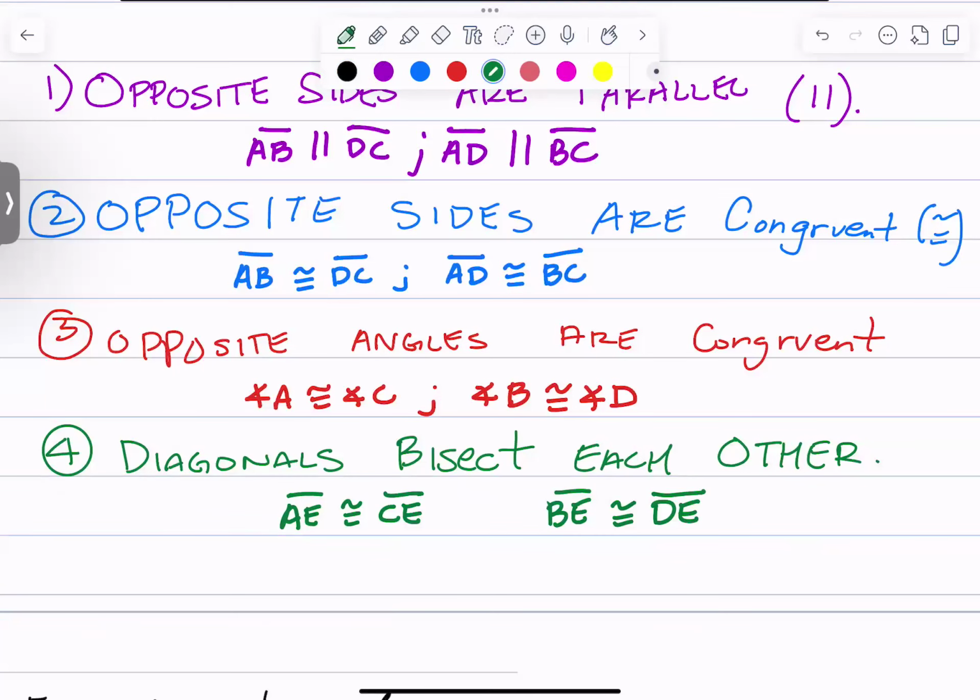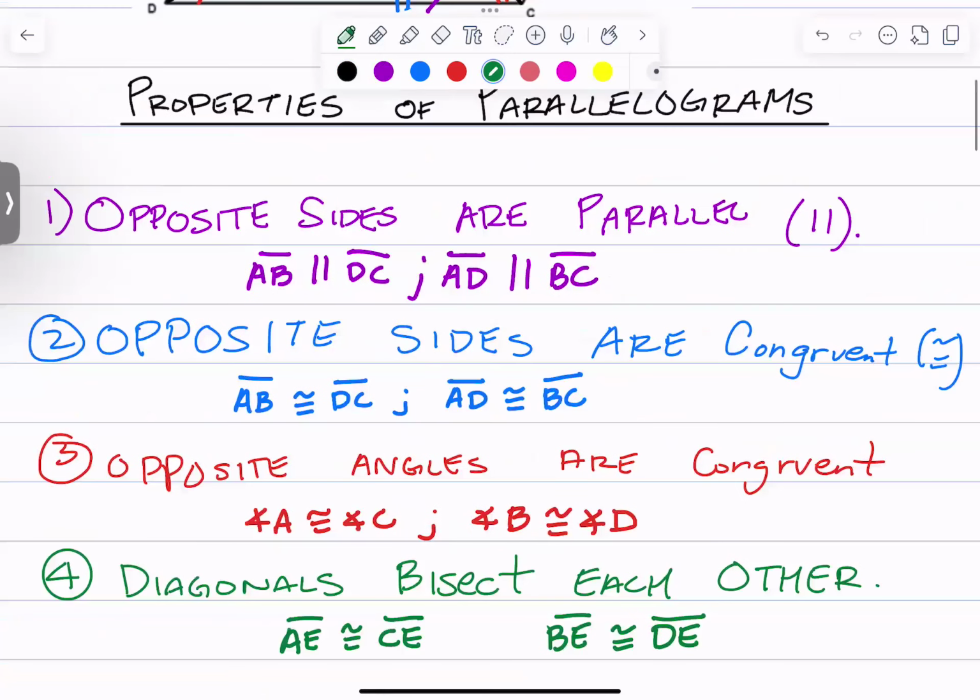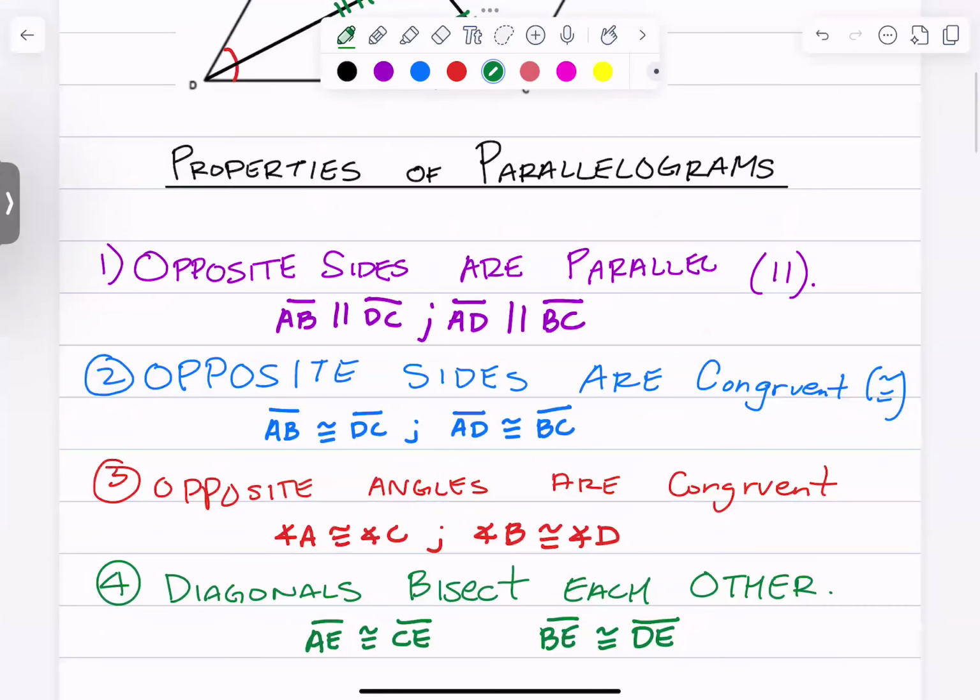Okay. So there are my properties of parallelograms. All right. And later down the line, we're gonna be dealing with special parallelograms, but this is your foundation for parallelograms. Okay. Questions?